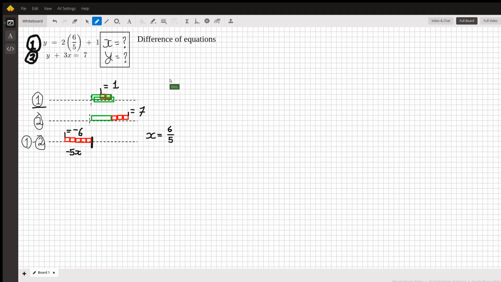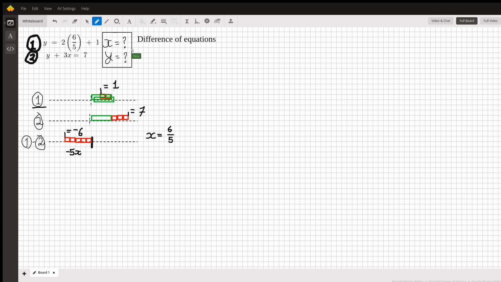And by evaluating that in our calculator, we have 2 times 6 over 5 plus 1, which is equal to 3.4. So I would just say 3.4 here.